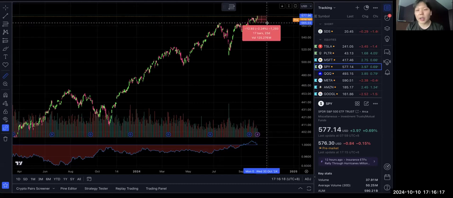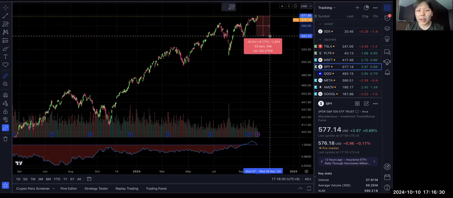So the first area of support that I identify would be the $565 level, and that is a 2.2% drop from where we currently are. And the next level of support would be at around the $542 range.